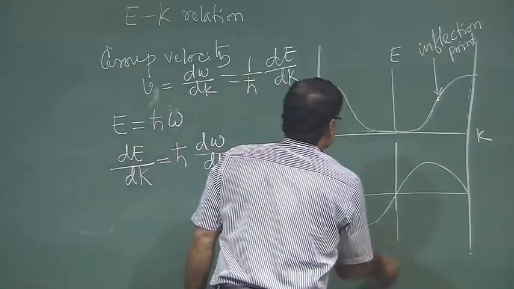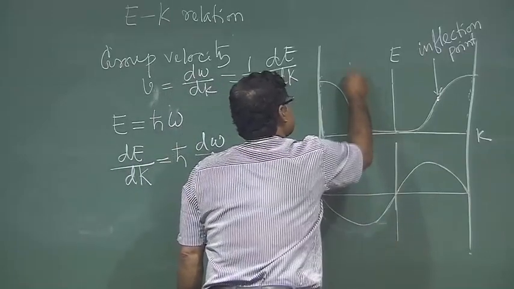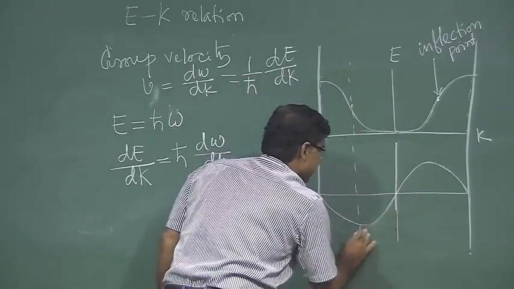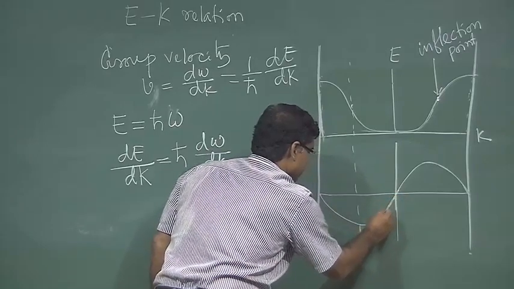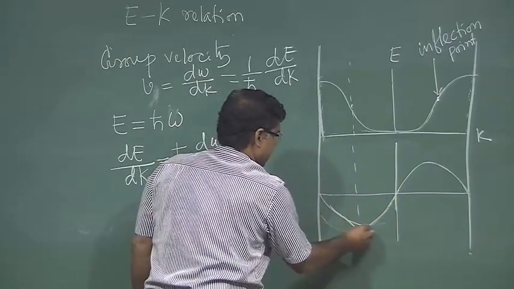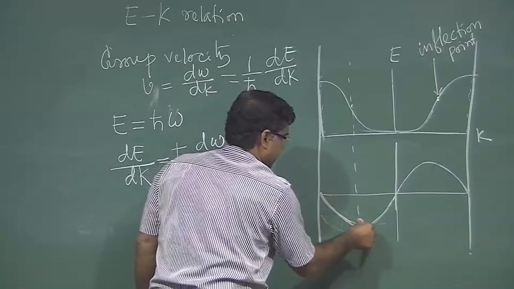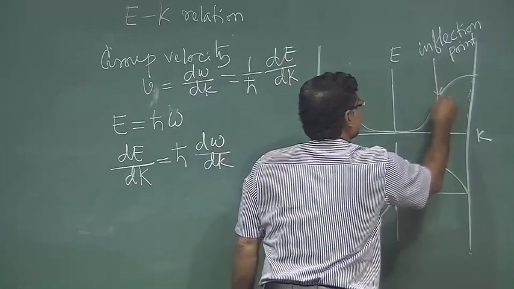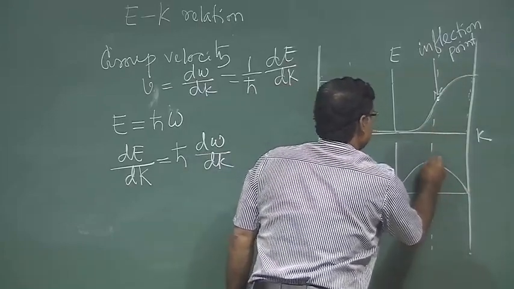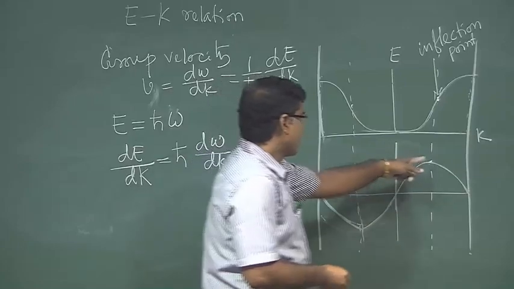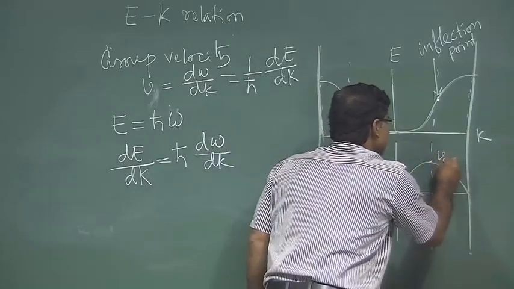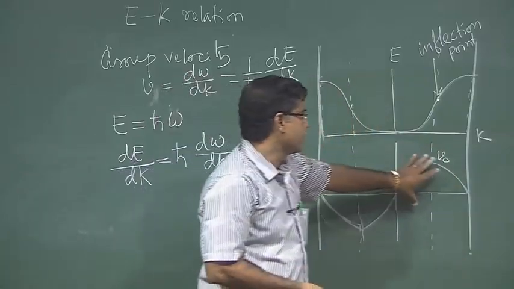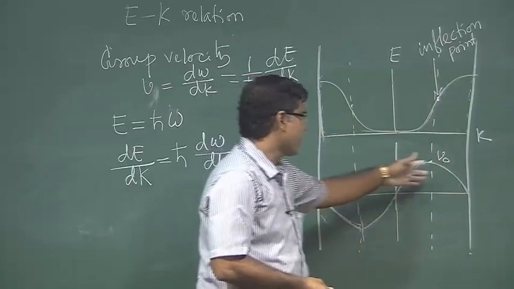My drawing is not correct; basically I should draw it like this. At the inflection point the velocity is maximum, say V0, and elsewhere the velocity is 0. This is an important finding.